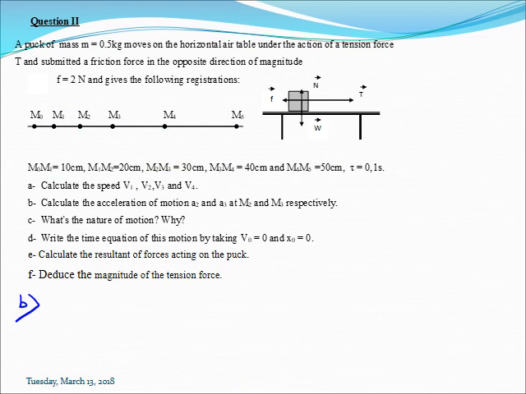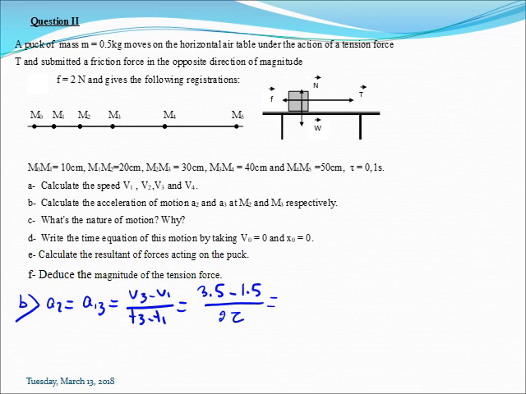B. Calculate the acceleration of motion A2 and A3 at M2 and M3. A2 equal V3 minus V1 over T3 minus T1, equal V3 3.5 minus V1 1.5 over T3 minus T1, 2 tau, equal 2 over 2 times 0.1 equal 10 meter per second square.